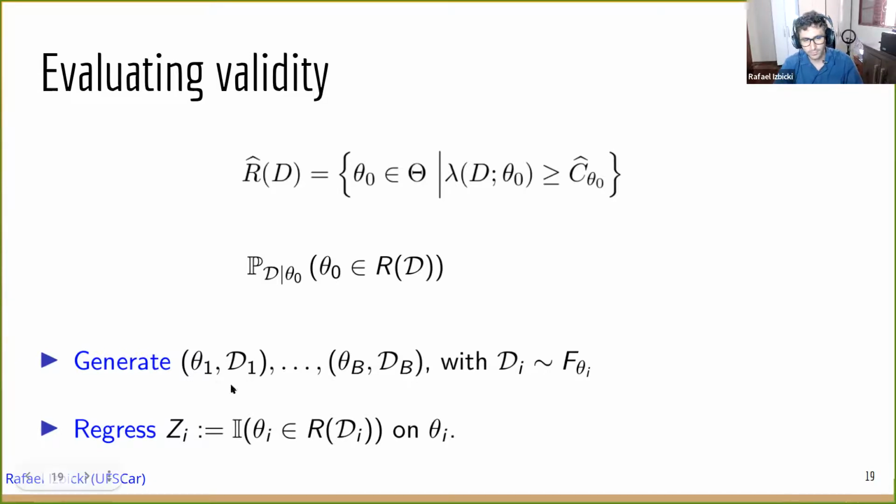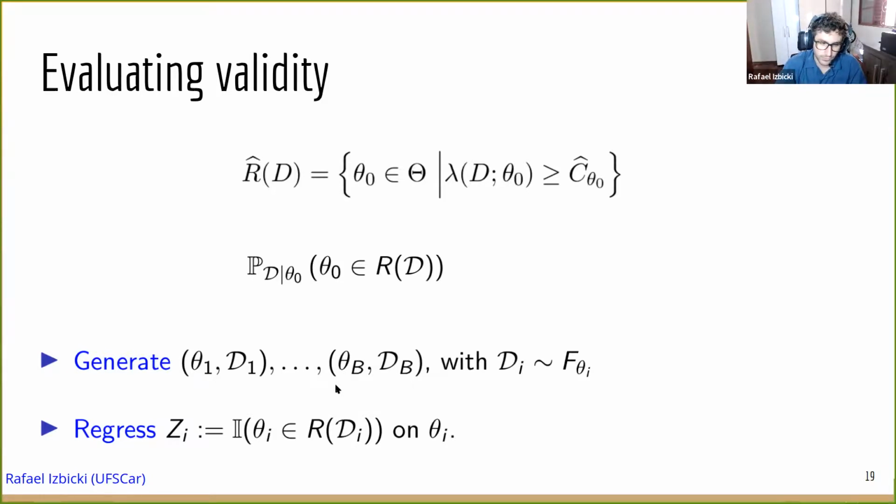So basically, we're going to compute an indicator function, 1 or 0, for each pair here. Yes, it covered, or no, it didn't cover the true parameter value. So by the end of the day, you're going to have theta 1, Z1, theta 2, Z2, theta B, ZB.